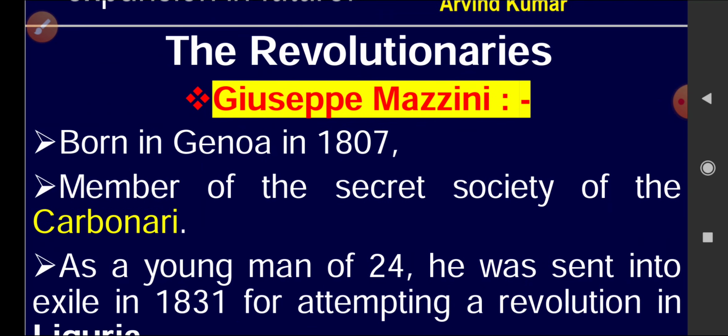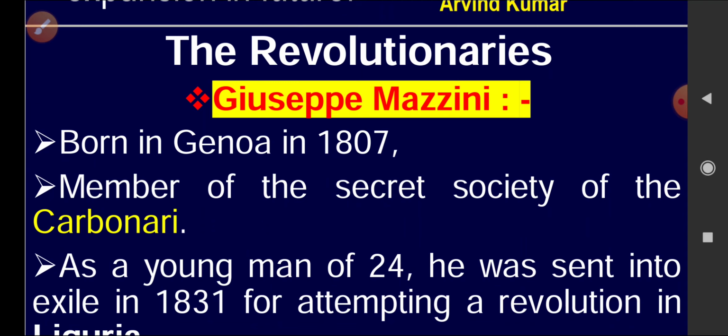In the next slide, you might see an important terminology, the revolutionaries, those who brought some changes in European society, in European countries. These revolutionaries are mentioned in this paragraph. One of the important revolutionaries mentioned, you may see the highlighted portion on the screen, is Giuseppe Mazzini. In short, we may say Mazzini.